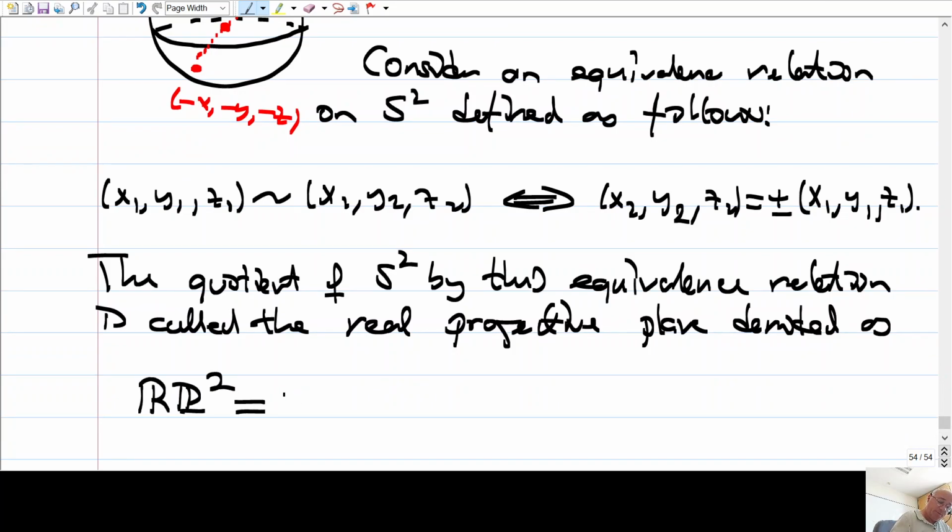So what is this RP2? Real projective plane. Plane means it is two-dimensional, so it is nothing but the sphere. I mod out the sphere by this equivalence relation. In other words, I identify antipodal points.